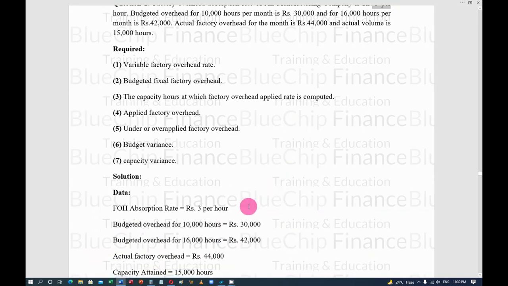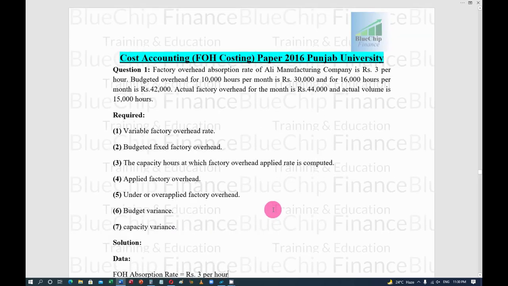So we also extract the data from the question. So FOH absorption rate or FOH applied rate is rupees 3. Budgeted overhead for 10,000 hours per month is rupees 30,000, and for 16,000 hours per month is rupees 42,000.